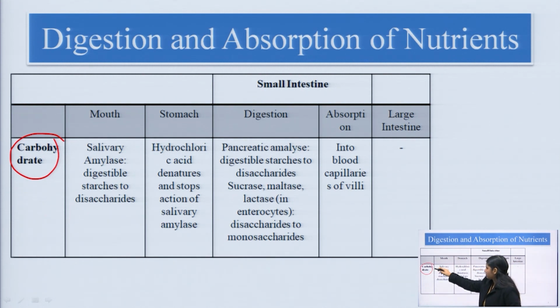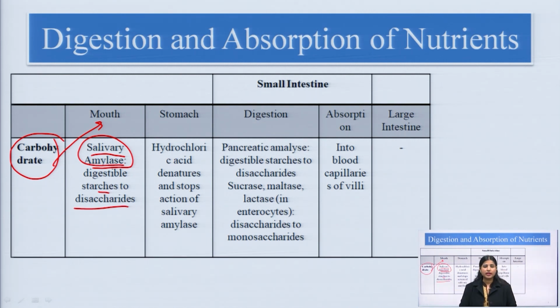In the mouth, with the help of salivary amylase, which is present in the saliva, the digestible starches, meaning the polysaccharides, the complex form, are converted into disaccharides, like sucrose, maltose and lactose.